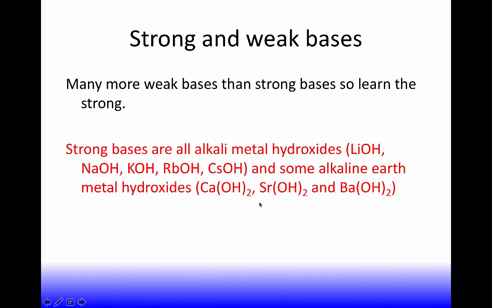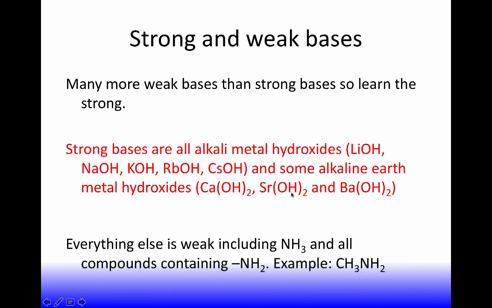So calcium, strontium, and barium are all in the second group, and they are all considered strong bases. Some aren't. For instance, magnesium hydroxide is also an alkaline earth metal hydroxide, and that one is not a strong base. So these are the 8 that you have to memorize.